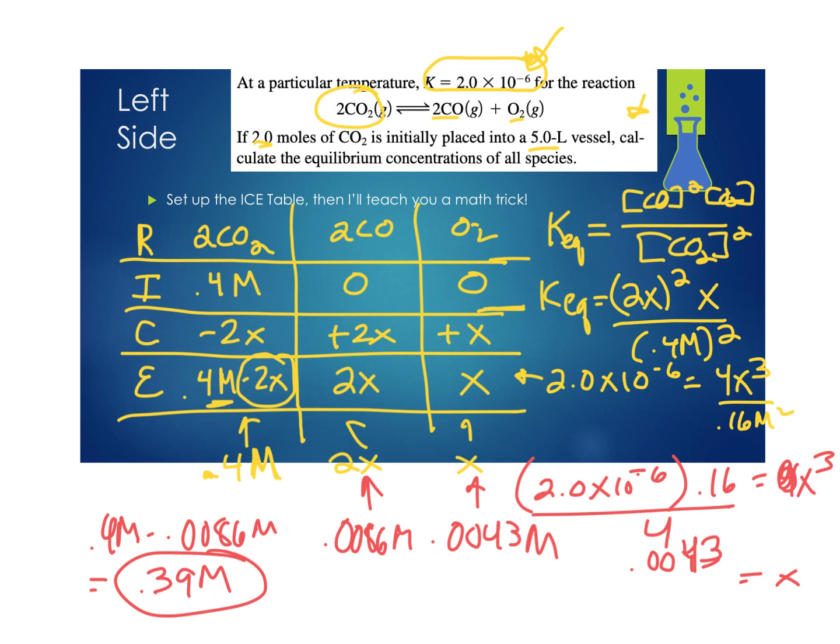So there are my equilibrium concentrations of each of the species. One small thing I did not do here: this should have been 0.40, 0.40, and 0.40. That's how I ended up with 3 sig figs at the end.